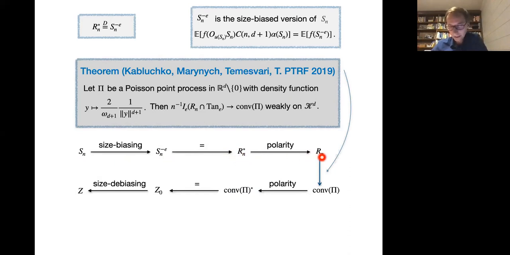So you have this polarity and then you are at the half sphere cones. For these half sphere cones, we know already something, namely the convergence. This is this arrow here. And then you go back, polarity, equality in distribution. And then instead of size biasing, you have to do size de-biasing. And this gives you precisely our main result. This is the way we prove this.